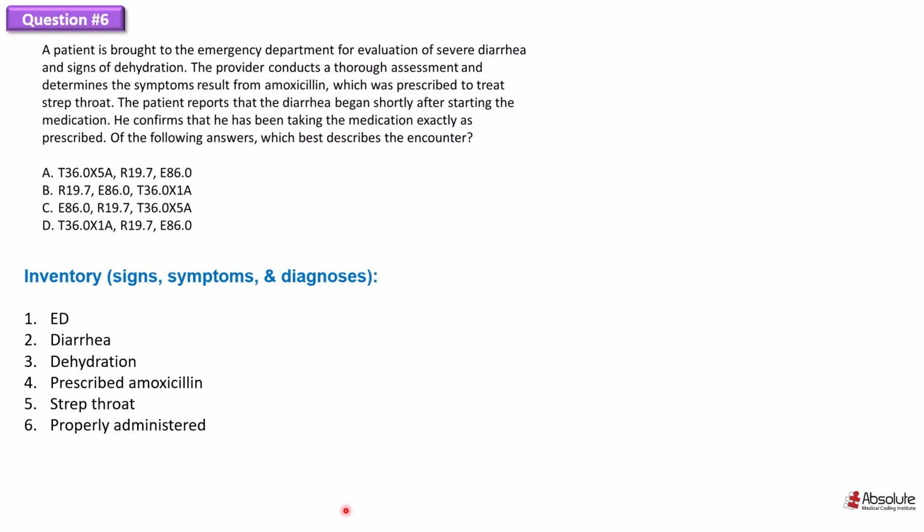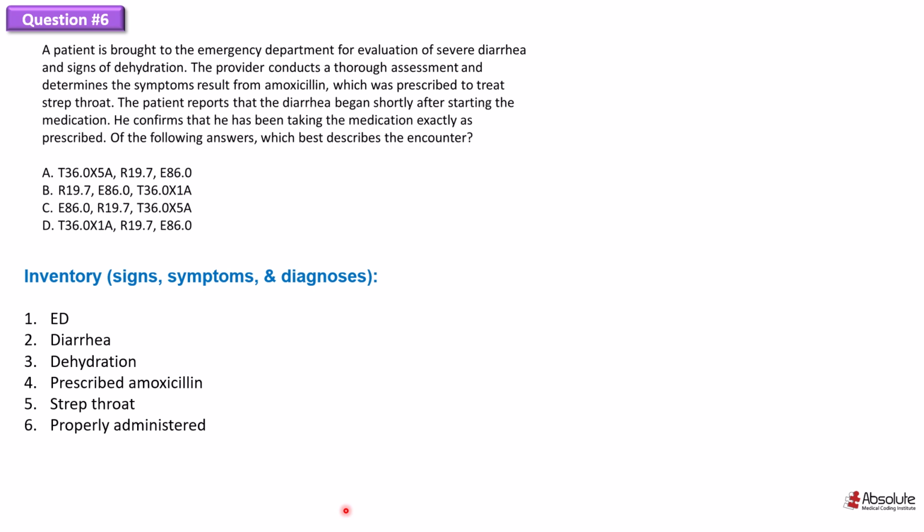So I just want to affirm that these adverse effects and poisonings often have signs and symptoms that you code for. So your inventory list is going to look a little different. Also, maybe I wouldn't put strep throat on there, right? Because the patient's not being treated for it.